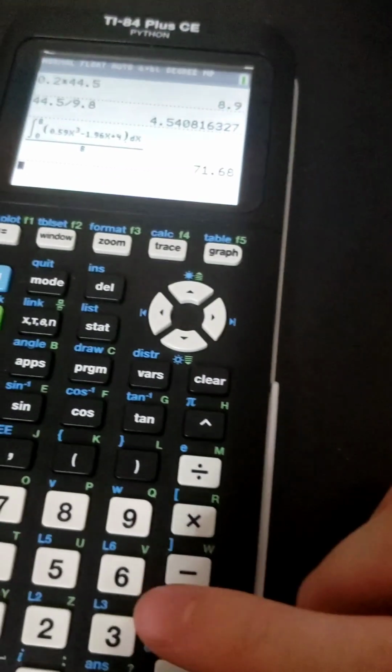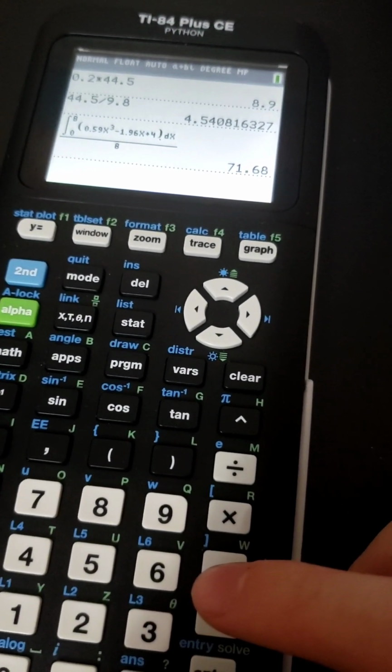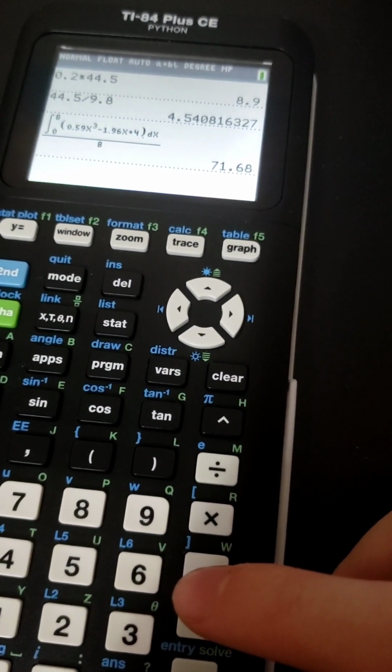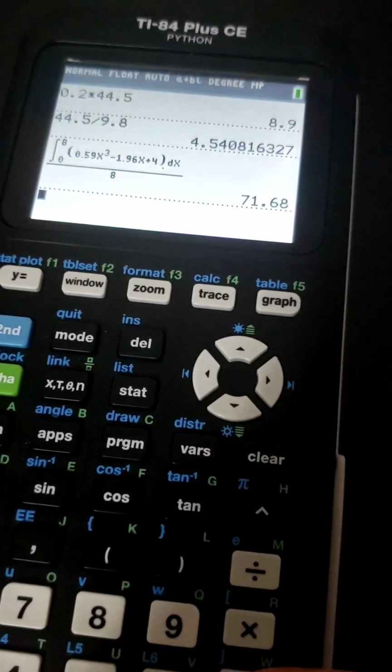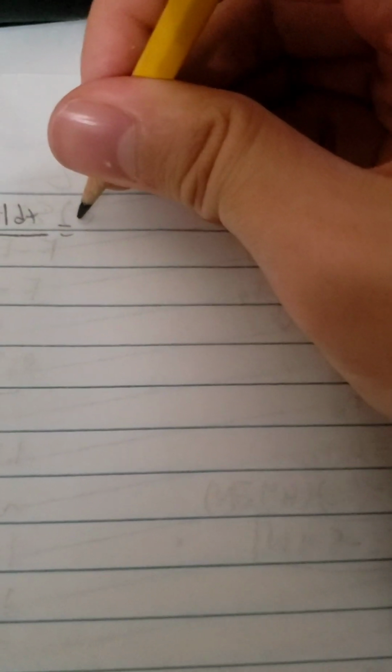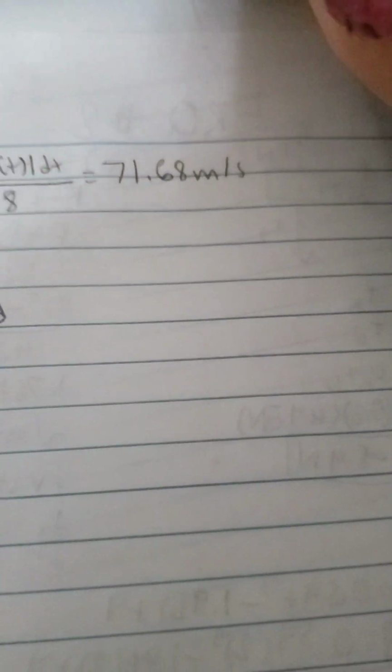That will give a value around 71.68. So that will equal 71.68 meters per second according to the calculation we have.